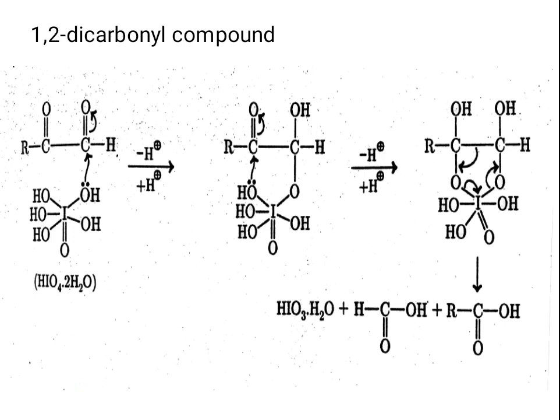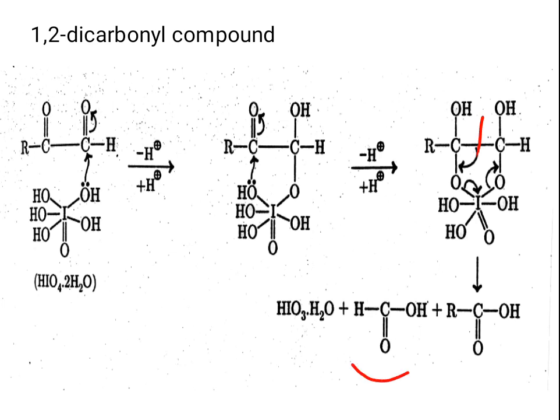Now in the case of a 1,2-dicarbonyl compound, this is a much more difficult one. At first this OH will attack this carbonyl group, then this will form OH. At the same time, another OH will attack this carbonyl group, and this will also form OH. Then the electrons or the bonds will be changed, and this C-C bond will be broken.